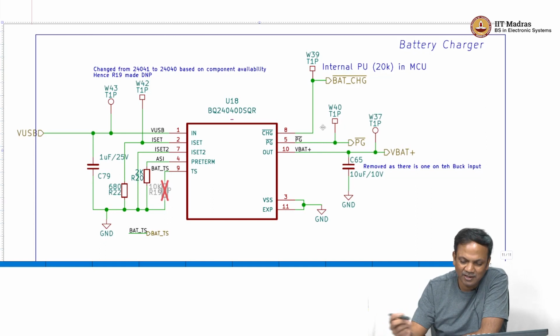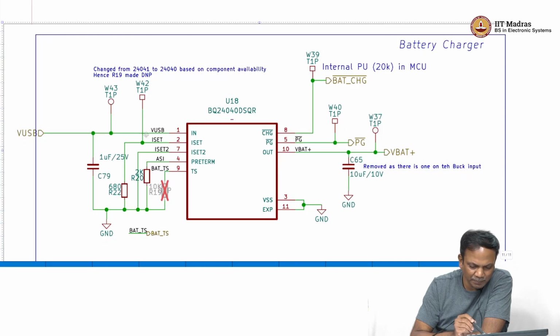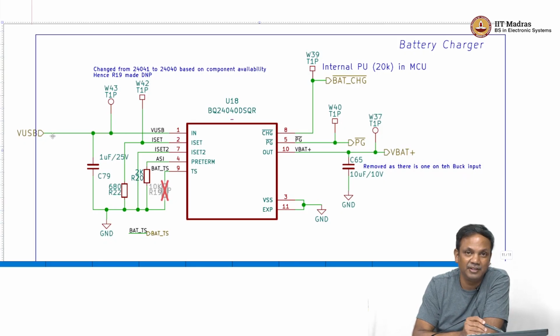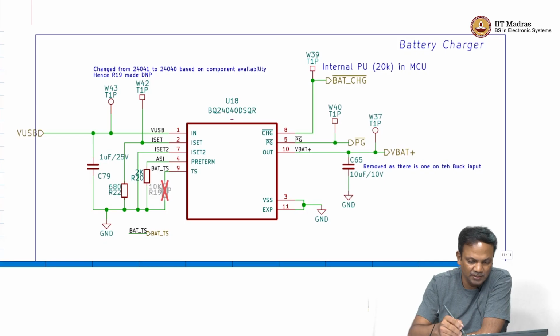Let us work our way through the pins. We have the input pin, which is connected to VUSB, the supply. The ISET pin is connected to a 680 ohm resistor.